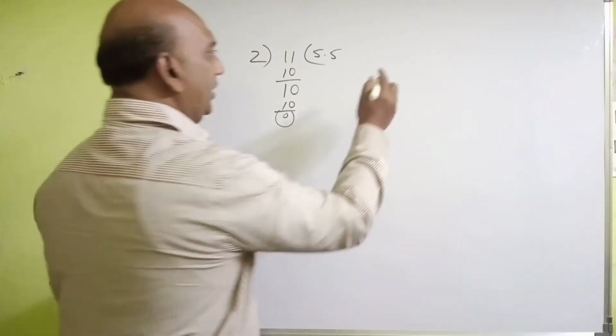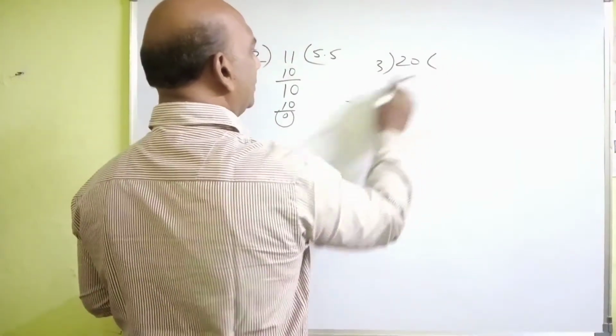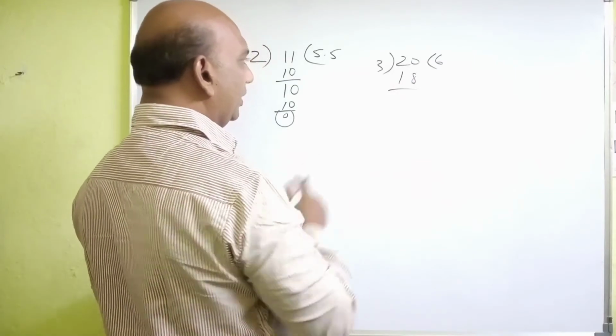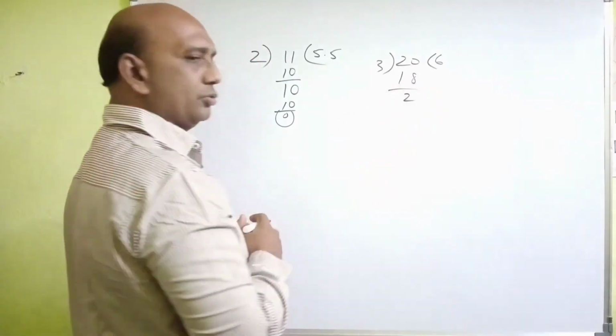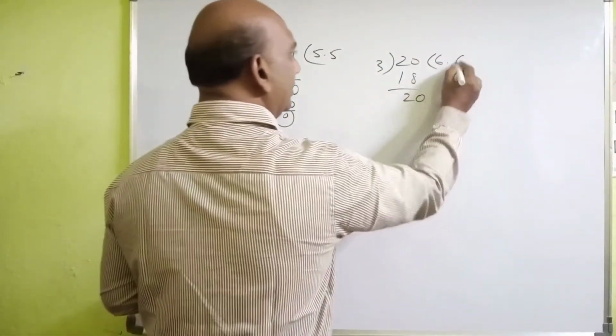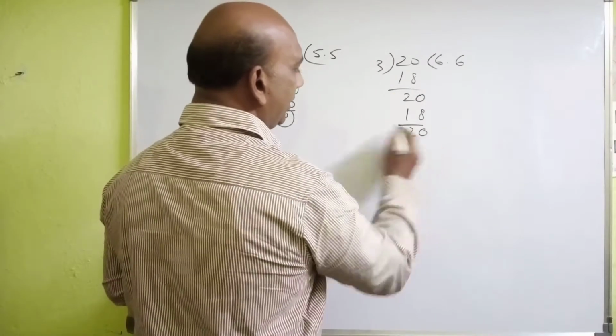Suppose 20 is divided by 3. 3 sixes are 18, the remainder is 2. Put a point and take 0 here. Again 3 sixes are 18, the remainder is 2, take 0 again.